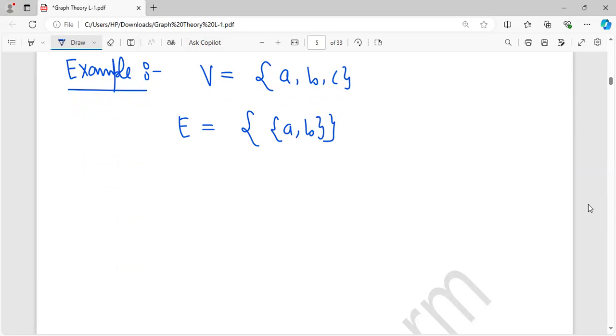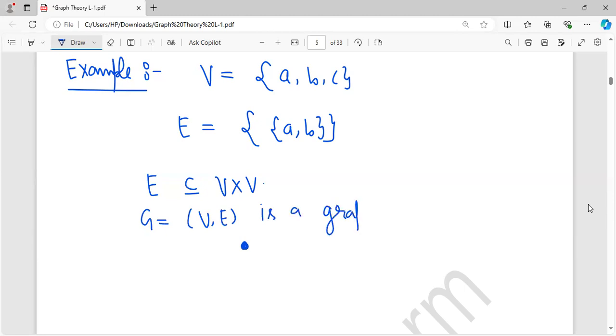Then E is a subset of V cross V. So what is the graph of G? G is equal to V, E is a graph. What is the pictorial representation of this graph?